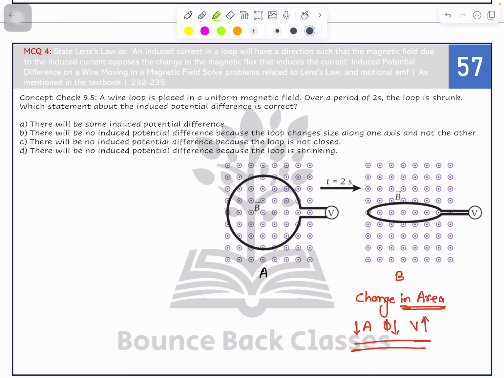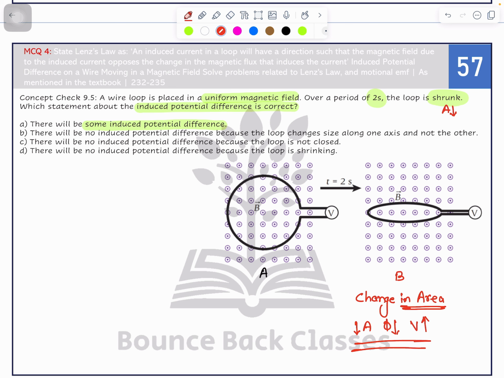A wire loop is placed in a uniform magnetic field. Over a period of 2 seconds, the loop is shrunk, which means the area is declining. Which statement about the induced potential difference is correct? We need to identify the correct one. There will be some induced potential difference.